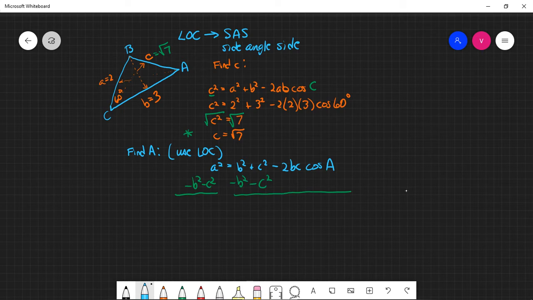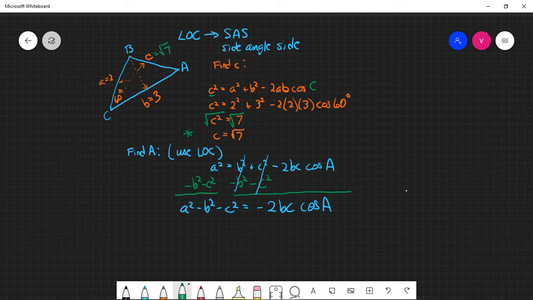So you're going to get on this side A squared minus B squared minus C squared is equal to, and these have canceled out, negative 2BC cosine of A.